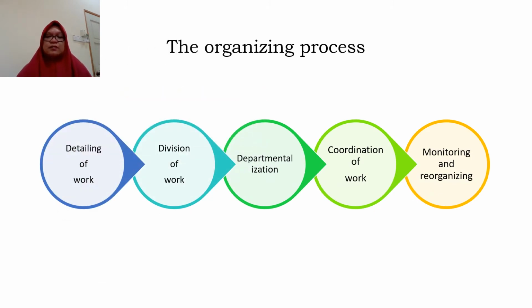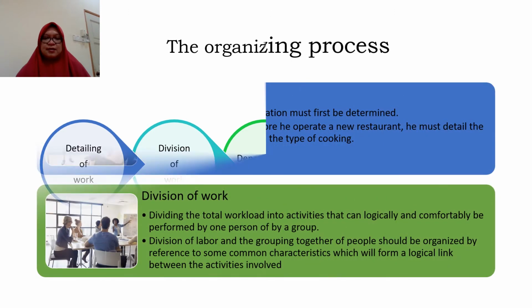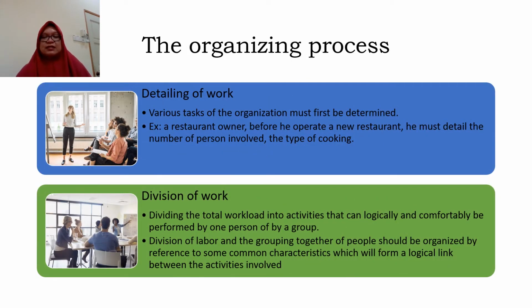There are five steps in the organizing process: detailing of work, division of work, departmentalization, coordination of work, and monitoring and reorganizing. Let's see the first step, detailing of work. Various tasks of the organization must first be determined.